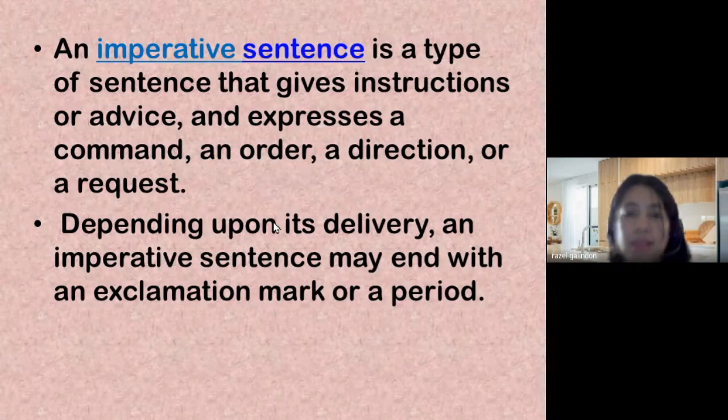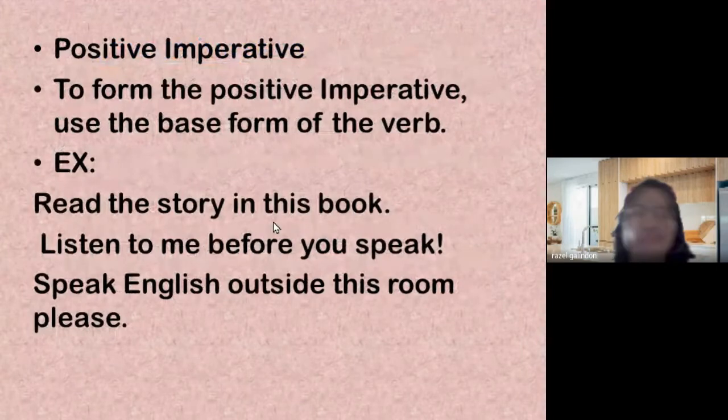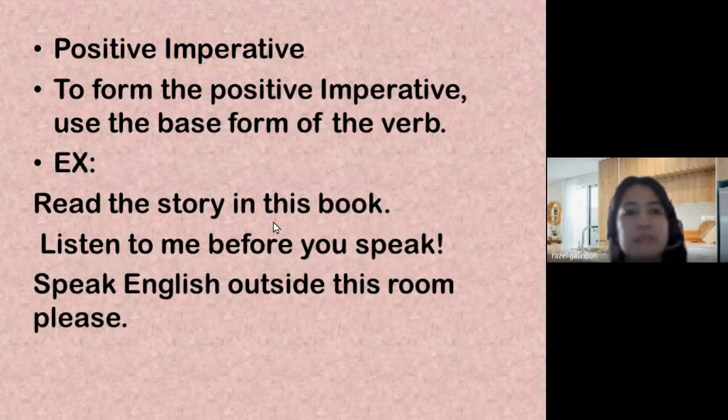Even though it ends with an exclamation point or a period, especially if it is a polite request or giving a direction. So how do we form imperative? To form the positive imperative, we just use the base form of the verb. We begin our sentence with the base form of the verb.